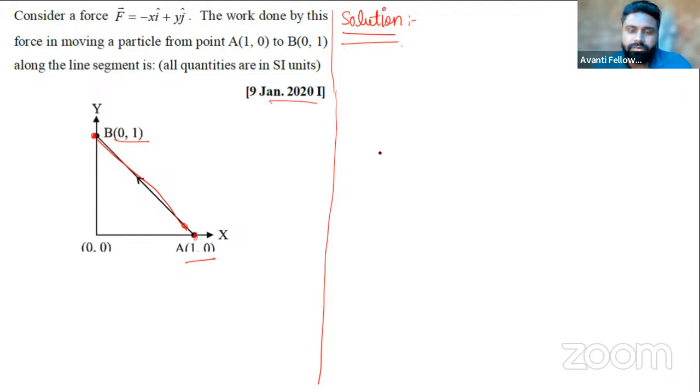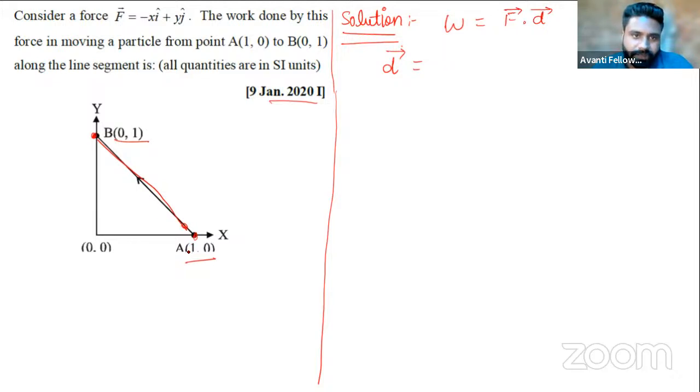So what we can do is find the displacement vector, and then take the dot product with the force vector. The formula that we are using is work done equals force dot product with displacement. Now we have to find the displacement vector. Take the difference of the x coordinate, multiply with i cap.